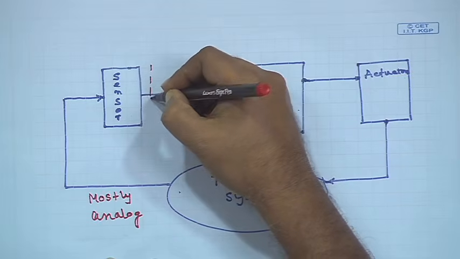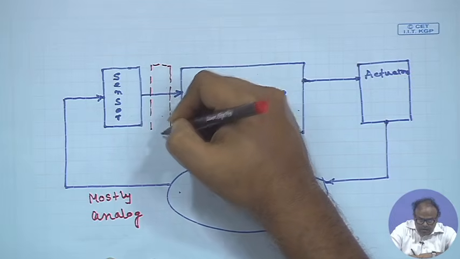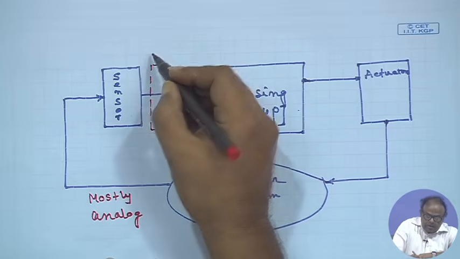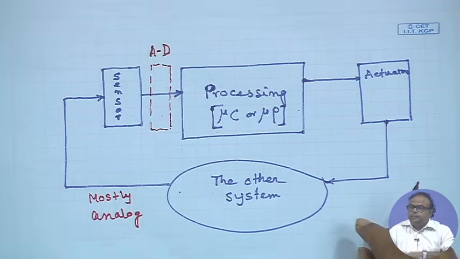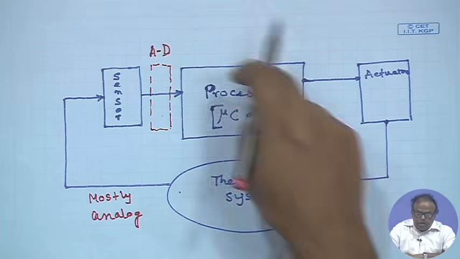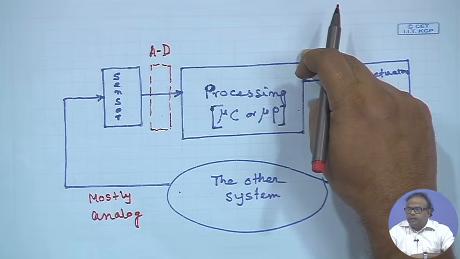The sensor can directly sense the data in the digital form. Otherwise, if it does not do that, then here we need a layer of interface, which is the analog to digital converter, because this processing system is a digital machine.